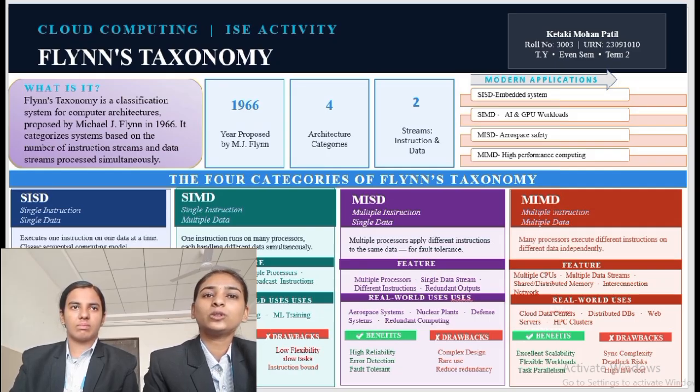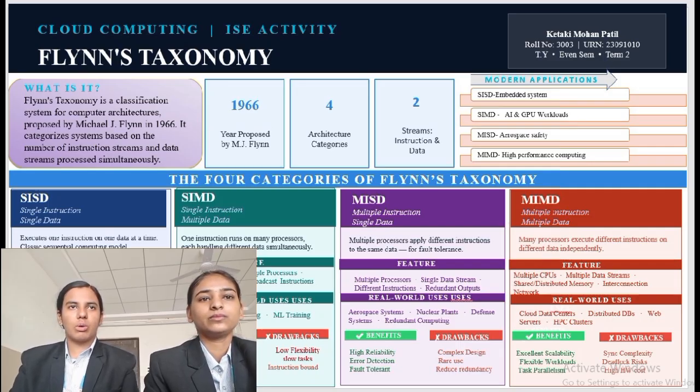Suppose there are two processes, process 1 and process 2; there is a possibility that process 1 might block process 2 while working. And high cost: as it has a complex architecture, many kinds of hardware are involved, and it requires a large amount of cost for implementation and building.